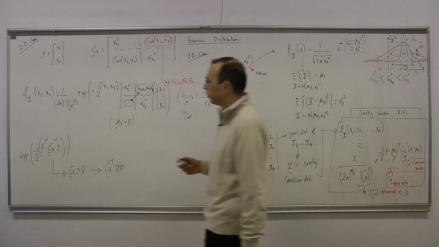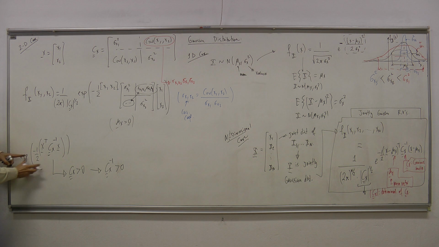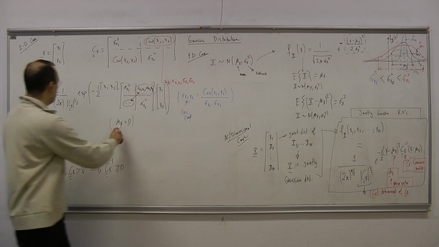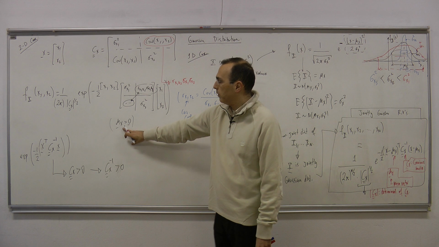Again, where is the peak value of this? The maxima is the minima of the quadratic at this point, and this is always positive. So when the x vector is equal to 0, I have the maxima. That is the location of the mean vector.